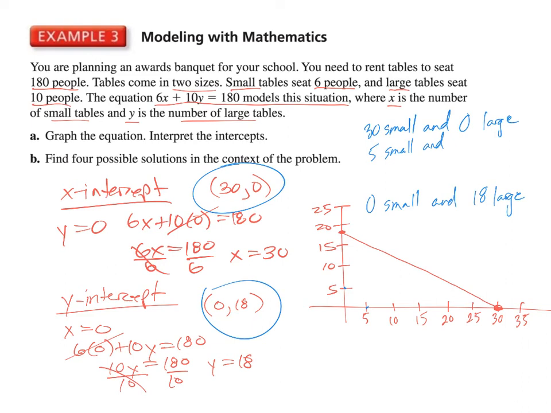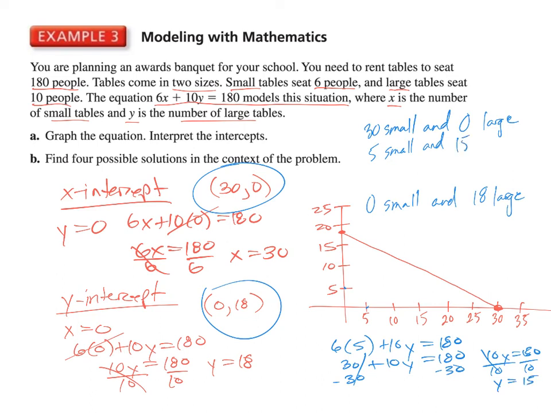I just plug it into the equation. 6 times 5 plus 10y equals 180. So I have 30 plus 10y equals 180. Subtract 30. I get 10y equals 150. Divide by 10, and y is equal to 15. So there would have to be 15 large tables if there were 5 small.